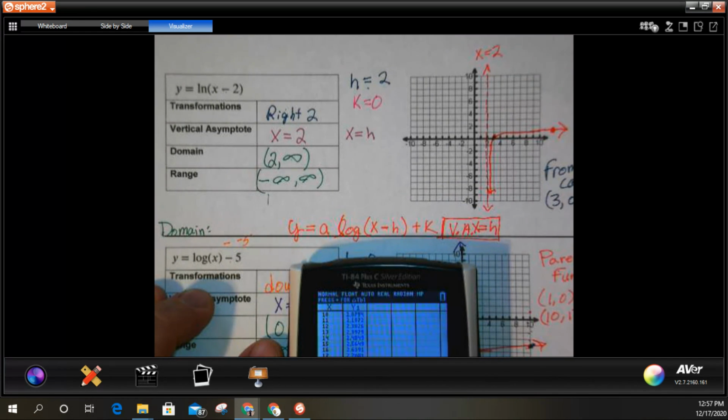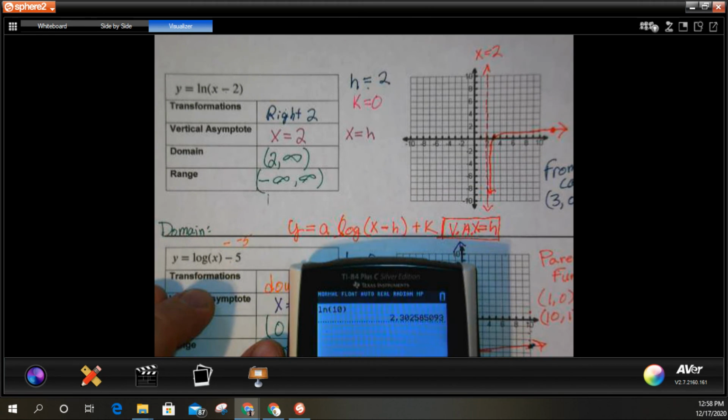It's not showing me. ln of 10, 2.3. Weird. 0, and then 10, 2.3, 12.